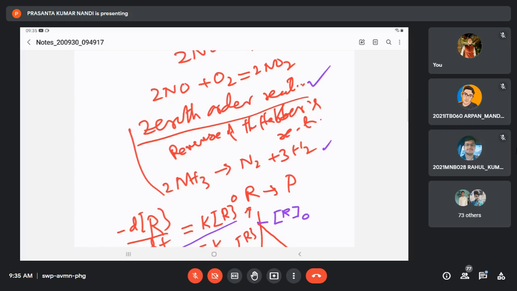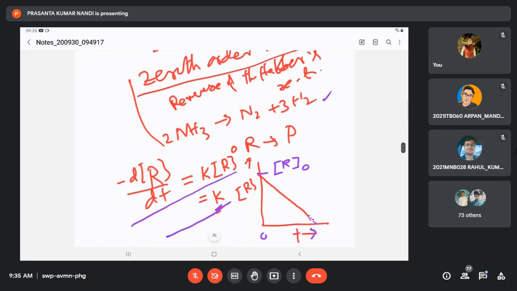And zeroth order kinetics in general, how to represent it and what is the kind of kinetics that you can easily trace. Suppose, as usual, for reactant to product, R to P, here R represents a particular reactant, P is a particular product.